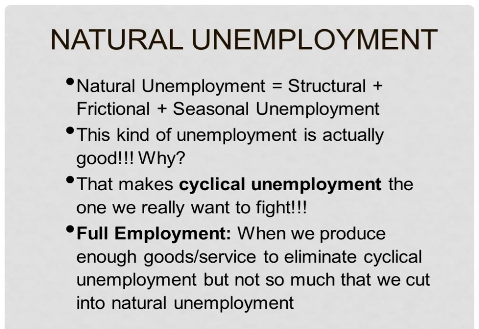It's a very fine balancing act, but there is this magical point at which we produce enough things that we have no one who is cyclically unemployed, but we're not beginning to pull those structurally, frictionally, and seasonally unemployed people into positions that they're not really ready for. It's a very tricky balance, and throughout the course of this semester, our goal is going to be to try to reach full employment. Okay, think of full employment as like the finish line for us. That's where we want to get to, full employment.